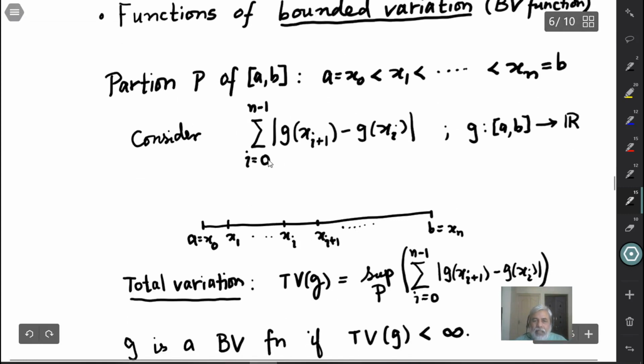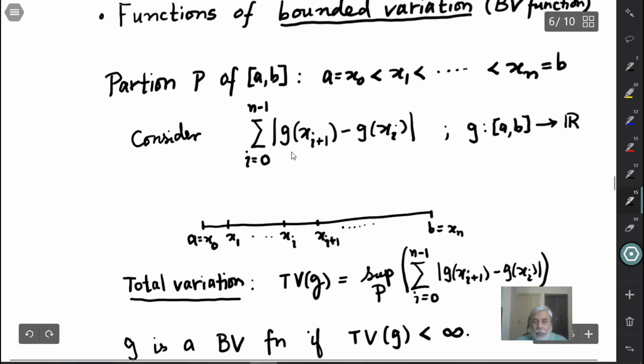Then you perform this variation: you take the absolute value of g(x_{i+1}) minus g(x_i) and sum over all the subintervals. This is called the variation of g corresponding to the partition.